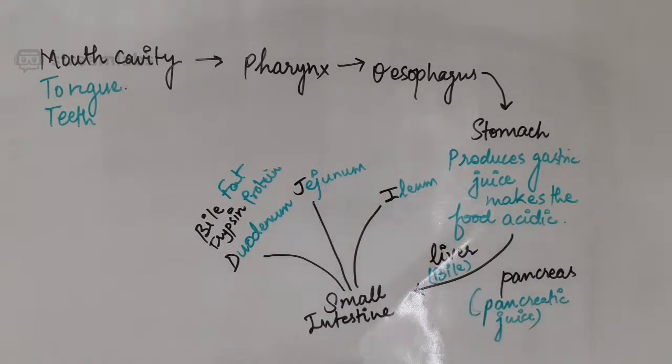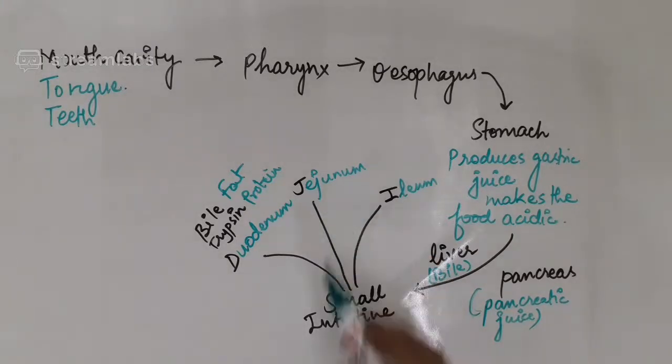The jejunum is the part of the small intestine where no digestion occurs and there is no enzyme present. It is the small J-shaped part of the small intestine where the food just goes and passes into the third part, that is called ileum.